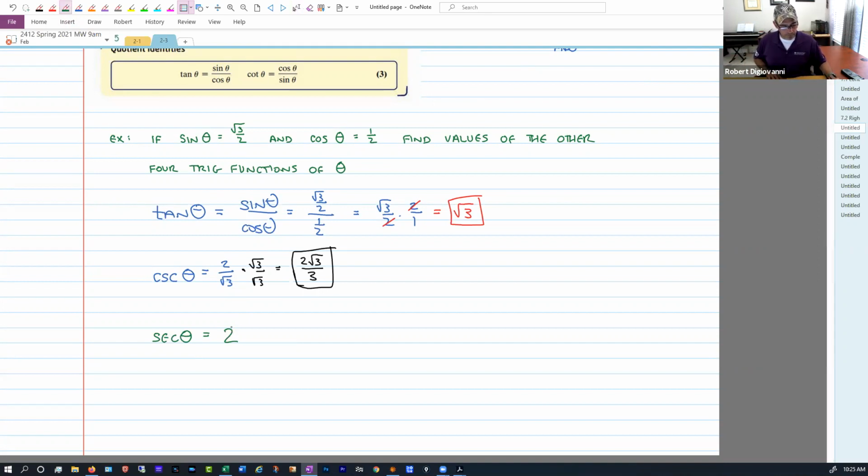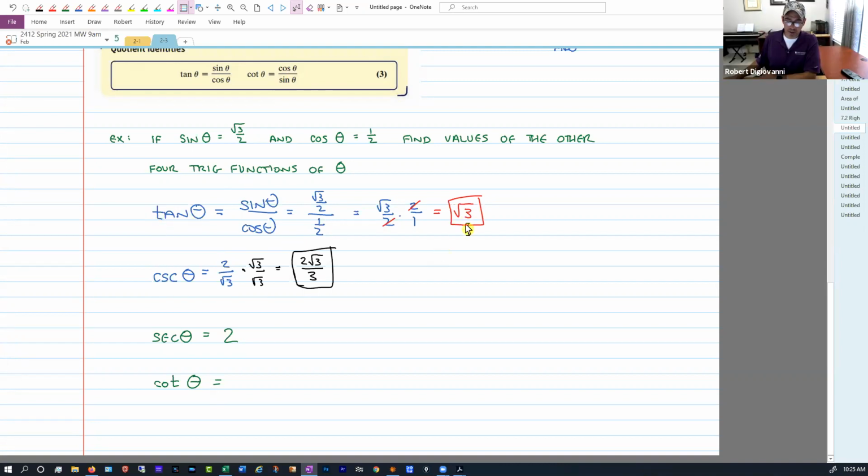What are we missing? Cotangent, right? So for cotangent theta I have two ways of doing this. I can do cosine over sine, or what's easier? Do 1 over tan. Yeah, it's the reciprocal of tangent, right?